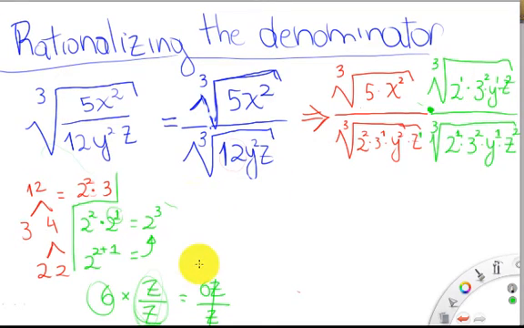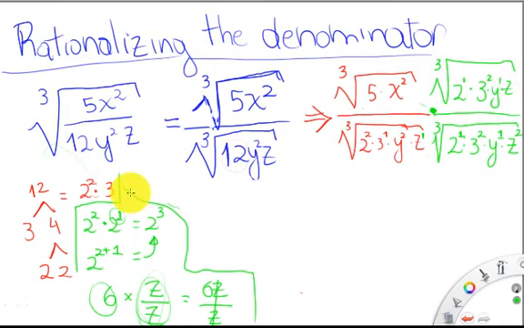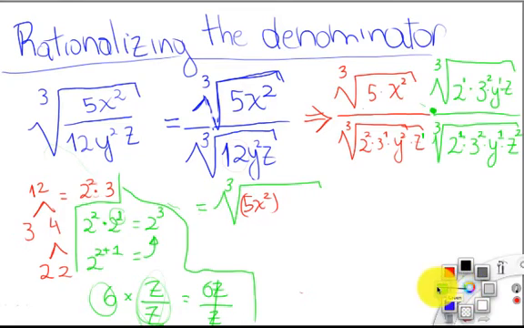So now we're ready to combine it under one same radical. So let's say that I use my first radical, and I should probably use the same color so you guys don't get confused. So I'm going to use 5x squared. I'm going to multiply times 2 times 3 squared times y times z.